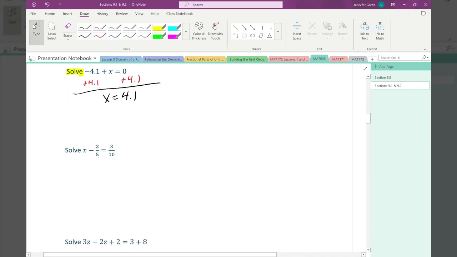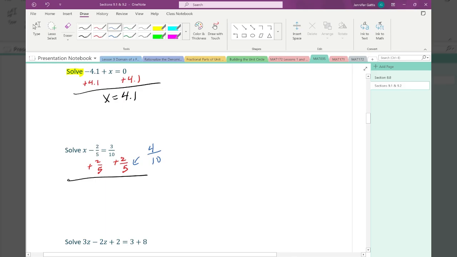With fractions, y'all, it's no different. Don't let the fractions scare you, okay? We are going to add 2/5 to both sides. All right? But something we need to keep in mind is that 2/5 is the same as 4/10.